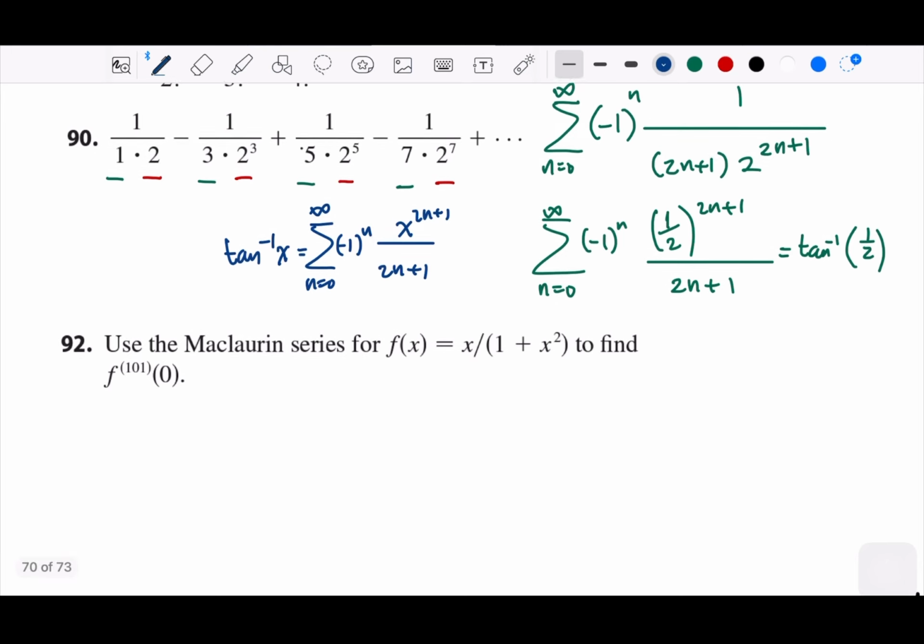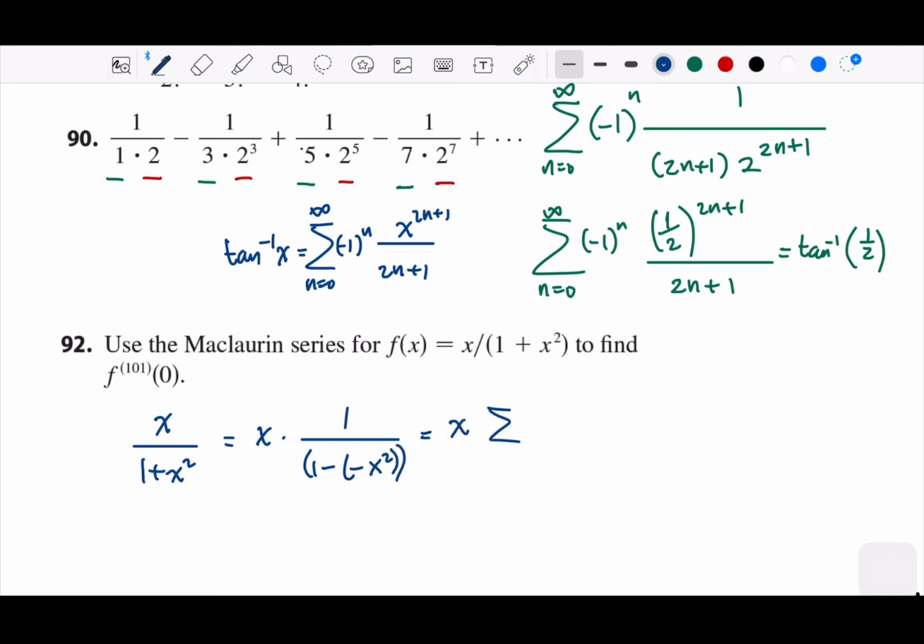Okay, so the function we can rewrite as 1 over 1 minus (-x squared), okay? And we can rewrite this in terms of the sum.